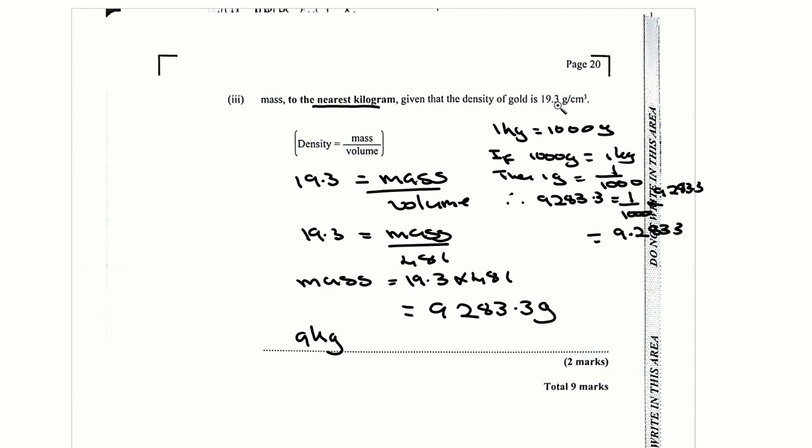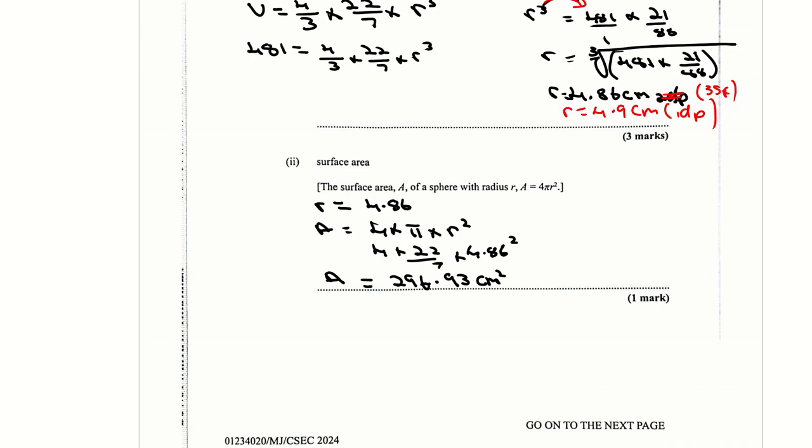They told you that the density of your gold is 19.3. Look at the units. Grams per cm cubed. So we know that this is in grams. So 19.3 is equal to mass over volume. We are talking about one sphere, because this is part 3 of it. Everything here we have been talking about for one.